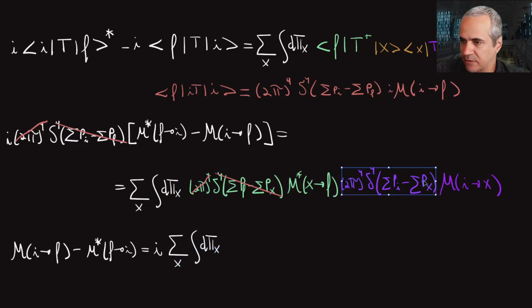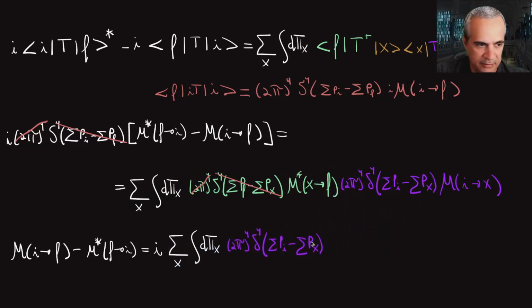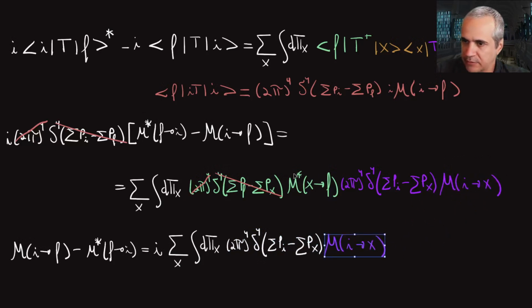This comes here. And I have these two matrix elements here. This one and this one, right?